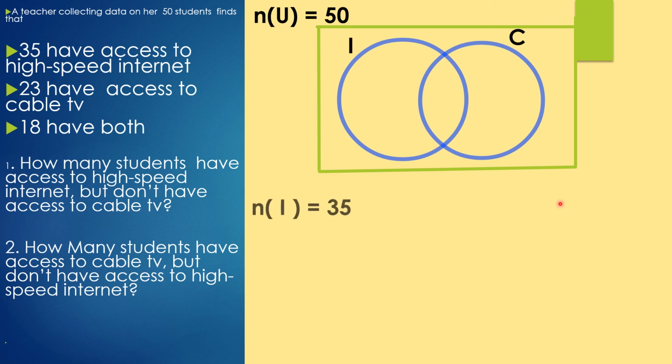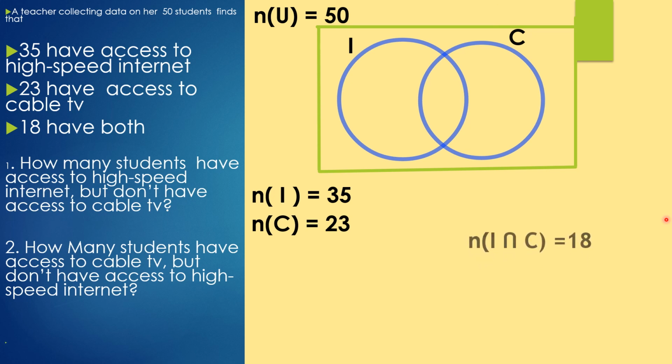Now, what is the size of the I? That is 35. And what is the size of C? That is 23. And then, what about the size of I intersection C? Which means they have access to both high-speed internet and cable TV, and that is 18.